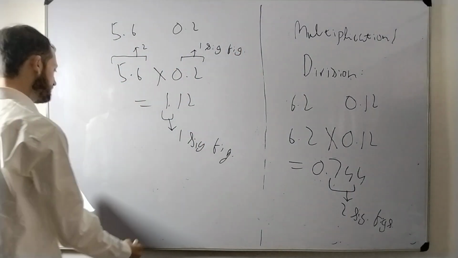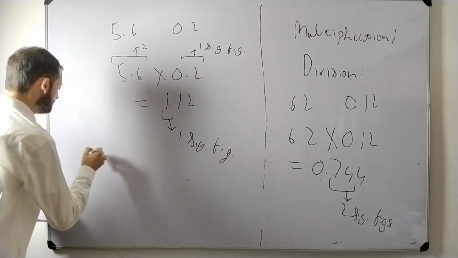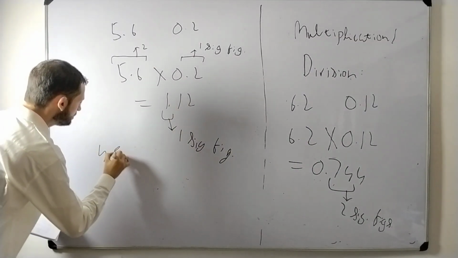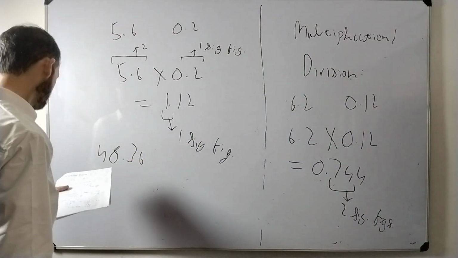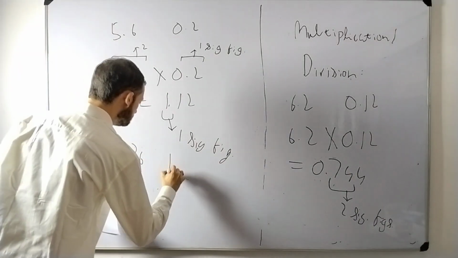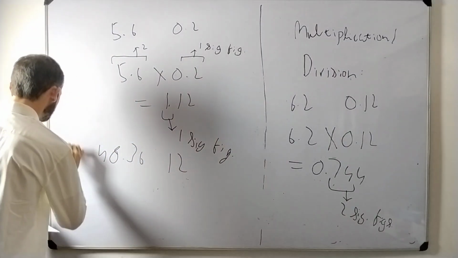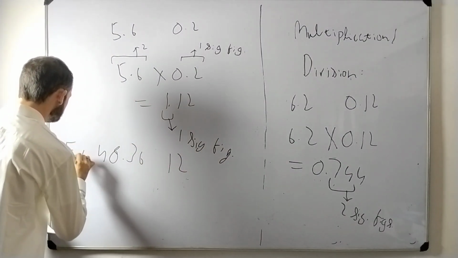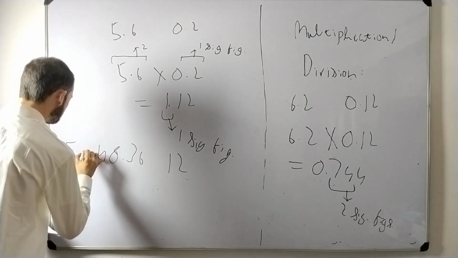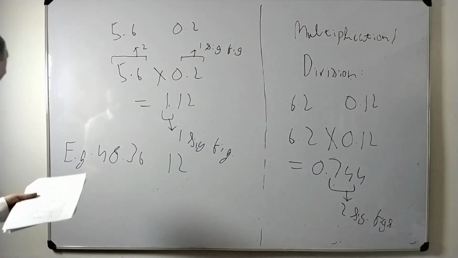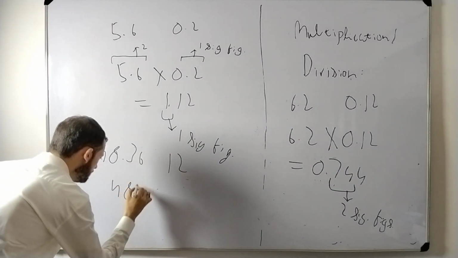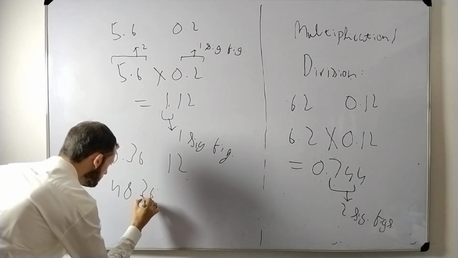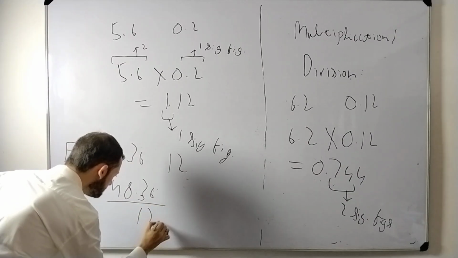So what about division? So division case: 48.36, the numbers and 12. So this is the example of division. 48.36 upon 12.